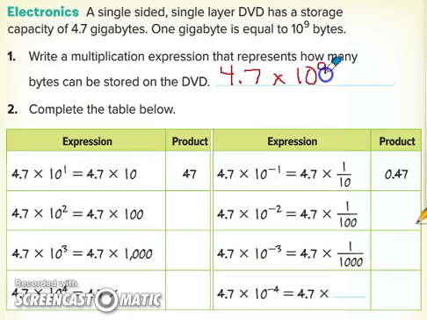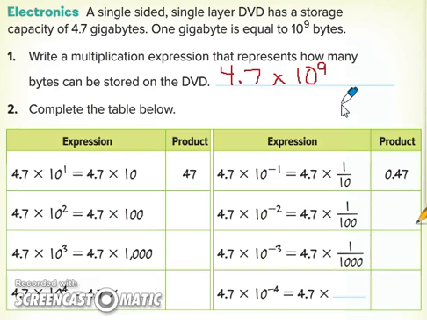That would tell us what? 4.7 is how many gigabytes we have, and each gigabyte has 10 to the 9th bytes in it. So this would tell us how many total we would have altogether. Now, we haven't actually done the multiplication, but this is just a way to write that in a shorthanded way.